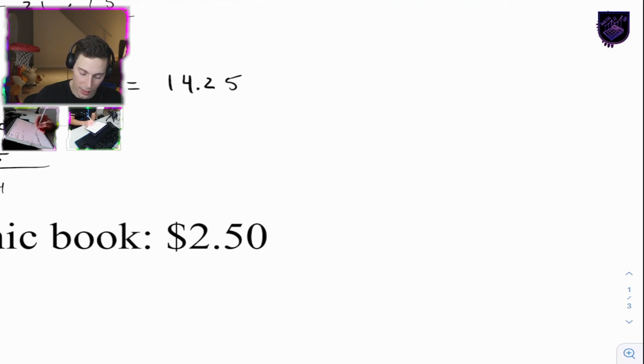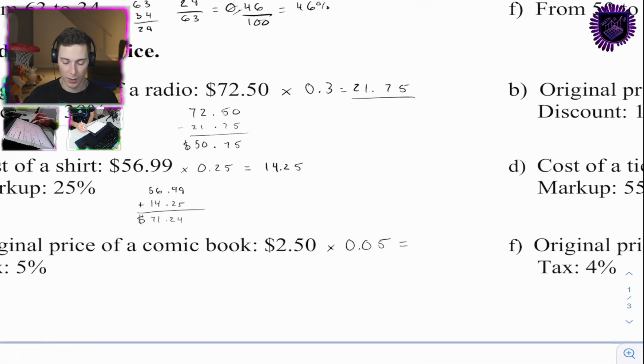Okay, comic book. That's one cheap comic book. We're going to calculate our tax. We're going to go multiplied by 0.05. 10% markup would be 25 cents. It's going to be 12.5 cents. 0.125, which would be approximately 13 cents.